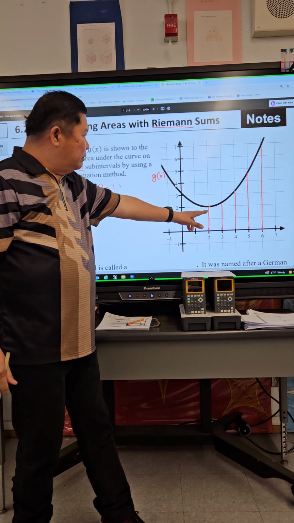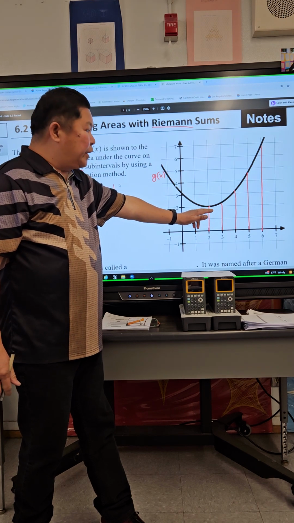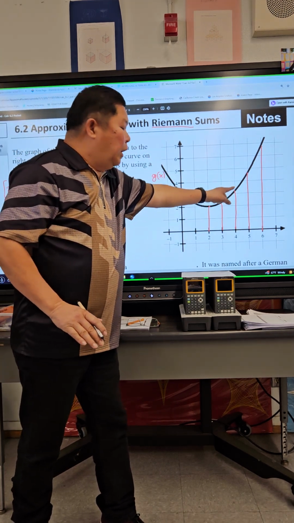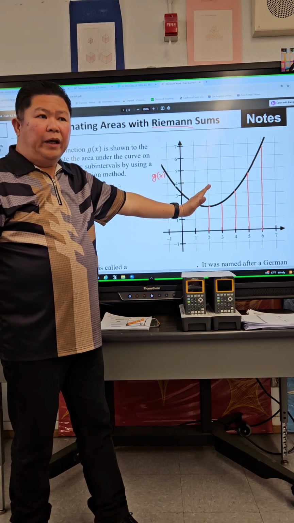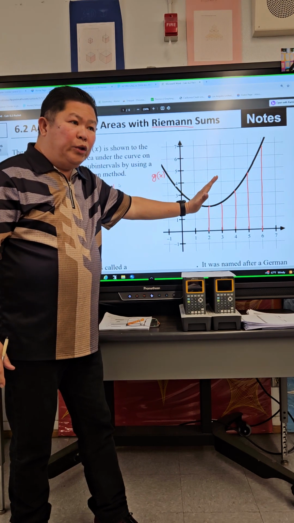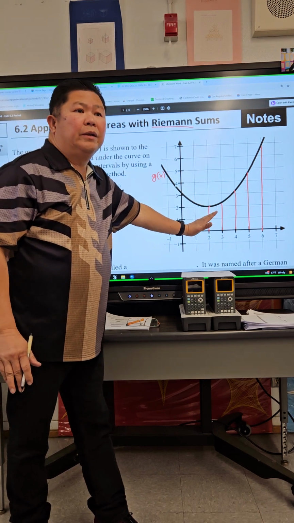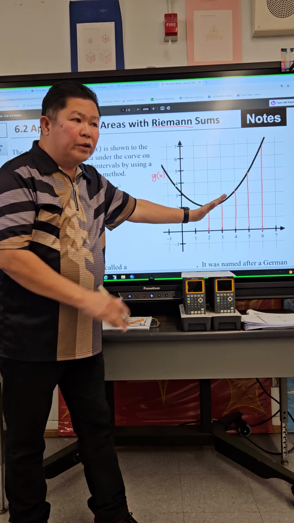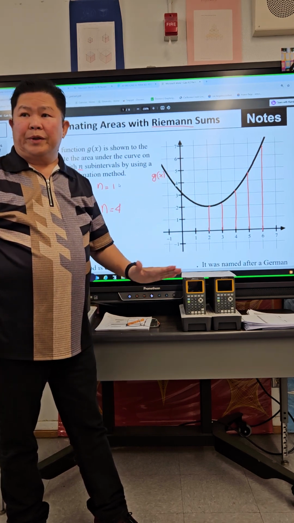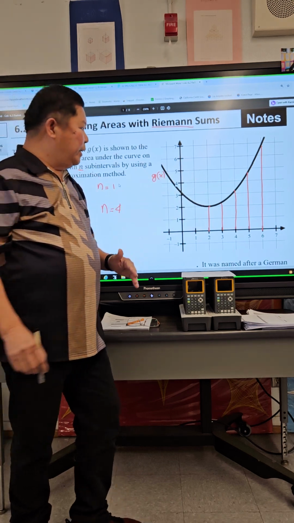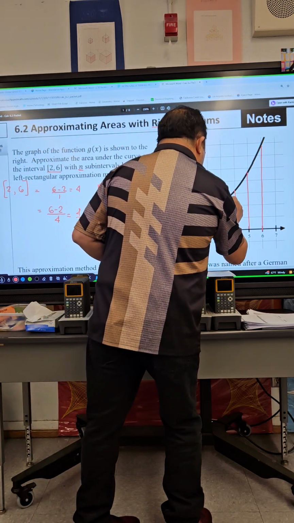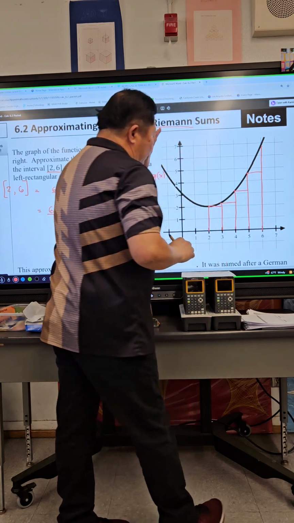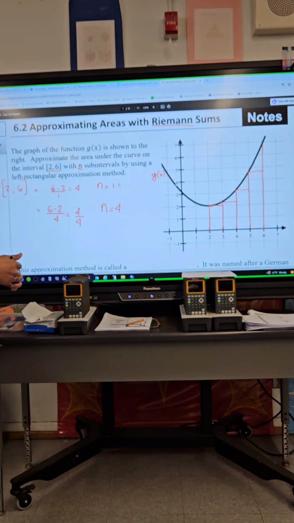That means, in terms of rectangles, we'll focus first on rectangles, not trapezoids. We have this rectangle, and then this one, and this one. So there are 4 rectangles right here.